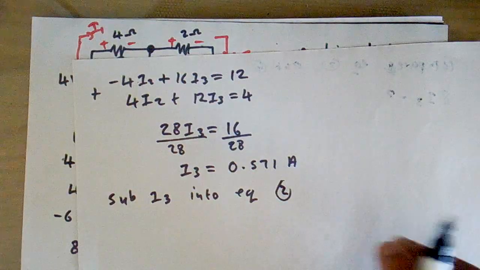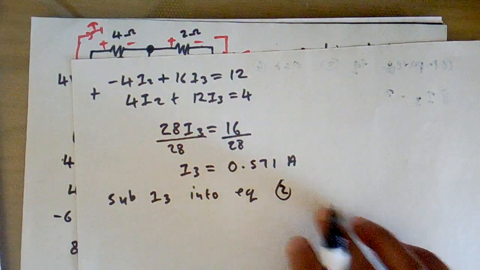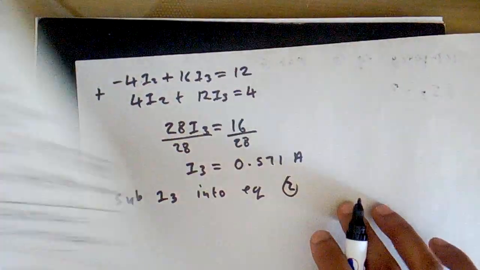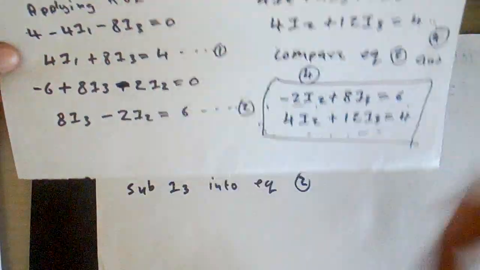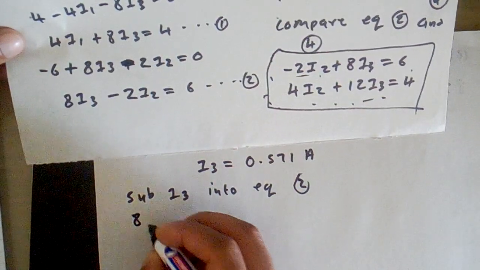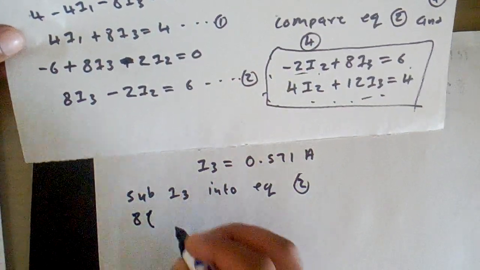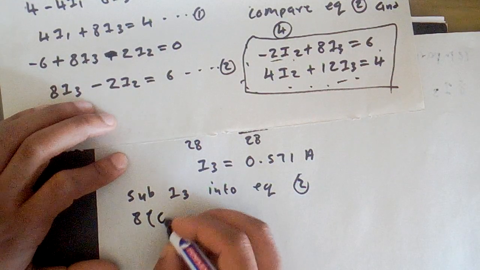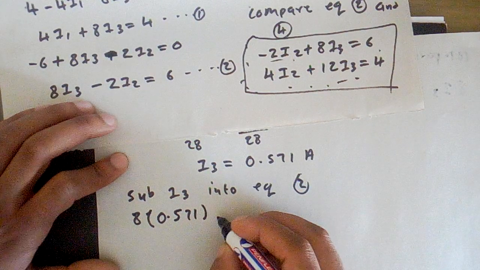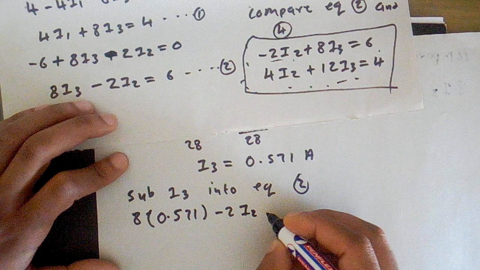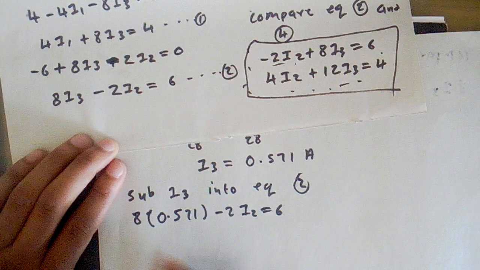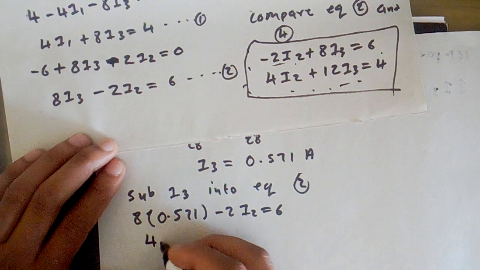So it's going to be 8 times 0.571, let's multiply this, it gives us 4.568 minus 2 I2 equals to 6.